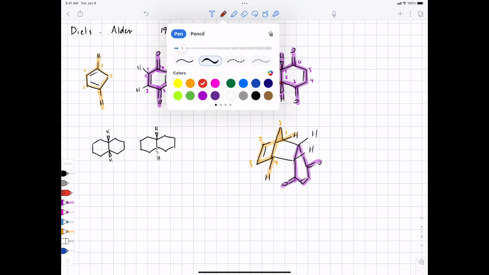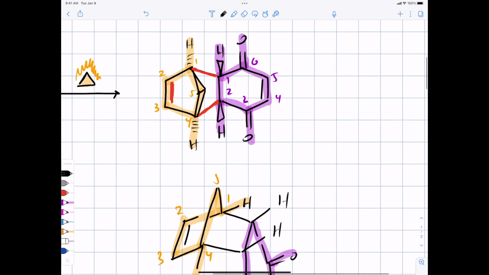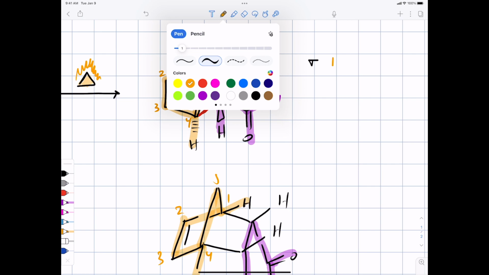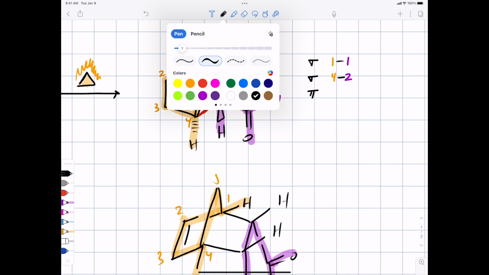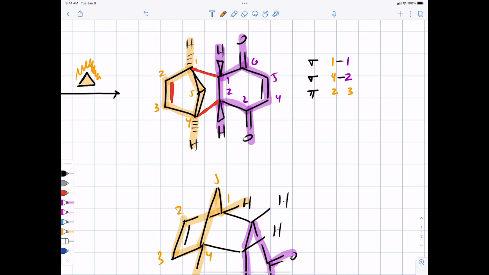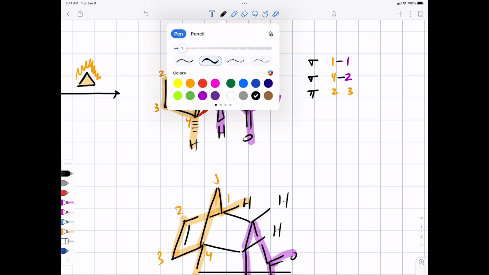So if I'm trying to keep track of the bonds that I've formed, I make a sigma bond between orange 1 and purple 1. I make a sigma bond between orange 4 and purple 2. And then I make a pi bond between orange 2 and orange 3. Does that look right?